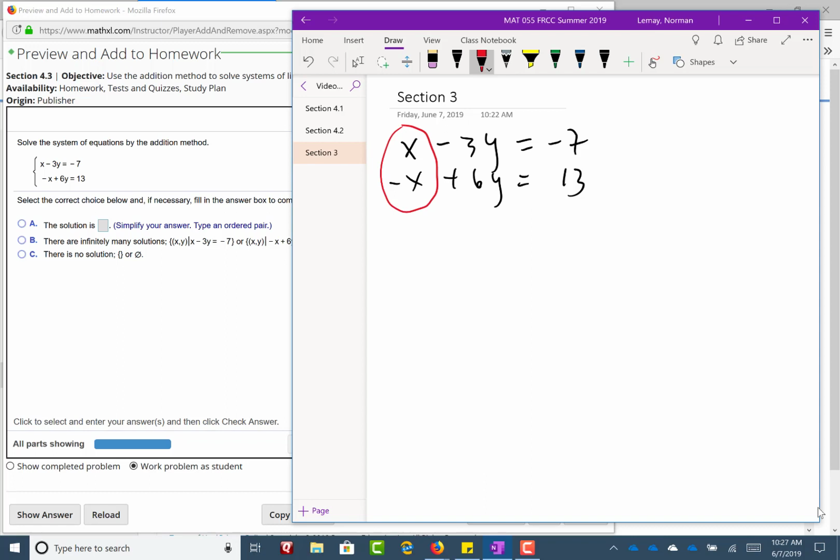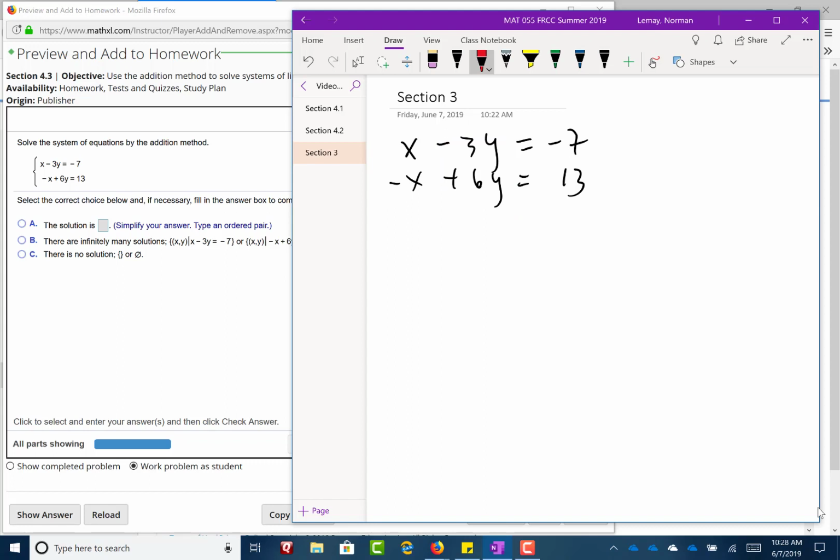And if I look at the y's, this one's a plus 6 and this one's a minus 3. In order to eliminate the y, I would have to have a 6 in front of both of these, so I'd have to multiply the top equation by 2.